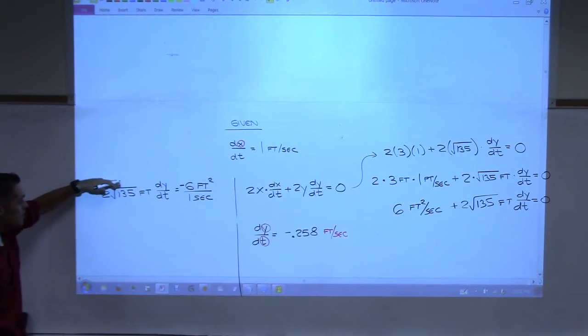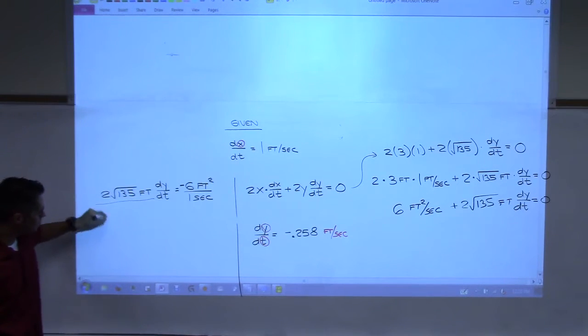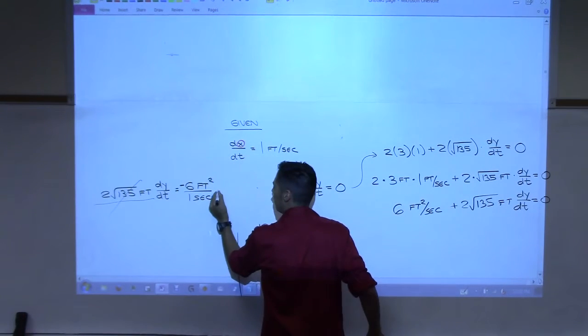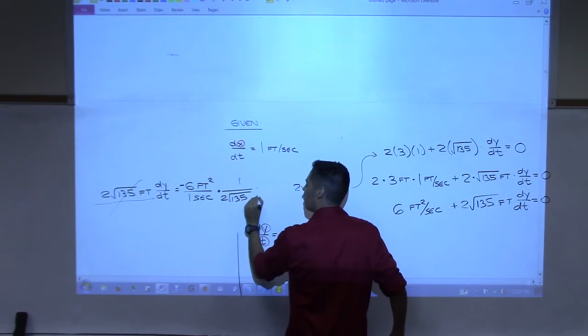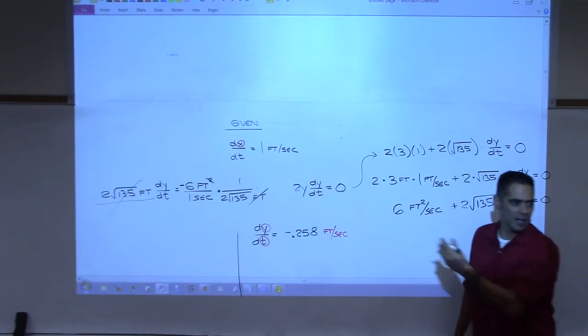Then when I would have divided this through, this goes away. And over here it becomes, you can look at it as division, 1 over it, feet. And then one of these feet cancel, and you get your feet per second are still there.